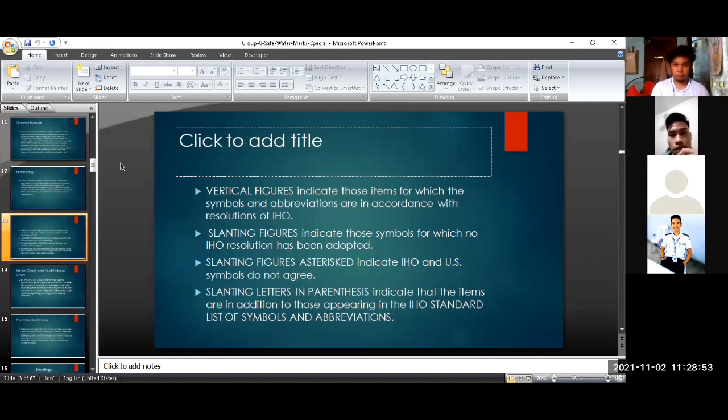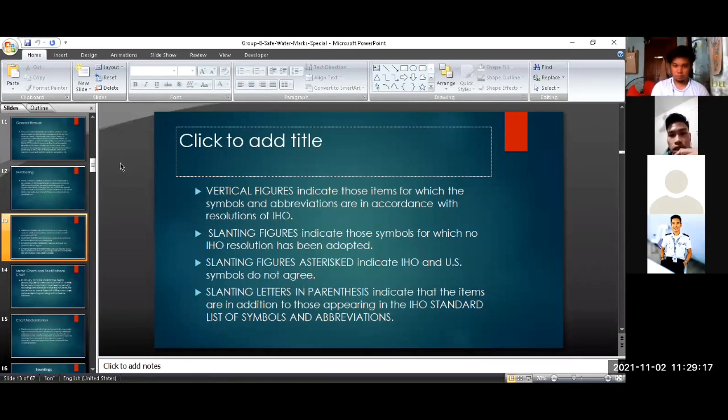So, vertical figures. Vertical figures indicate those items for which the symbols and abbreviations are in accordance with resolutions of the IHO. Slanting figures also indicate those symbols for which no IHO resolution has been adopted.